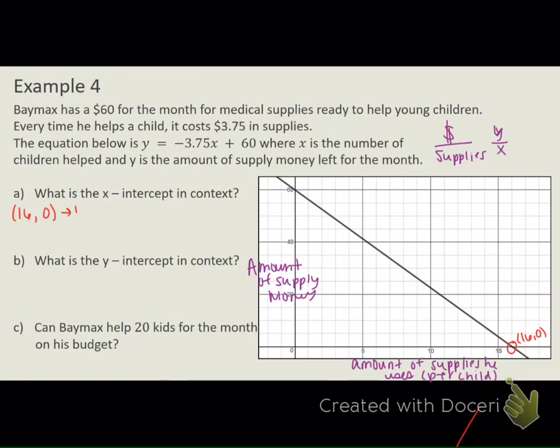How much money does he have left? So when Baymax has helped 16 children, he has no supply money left for the month.